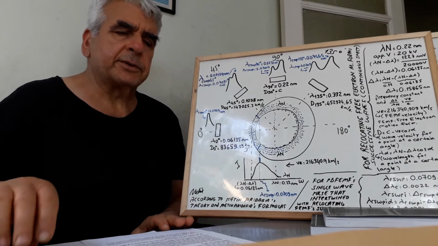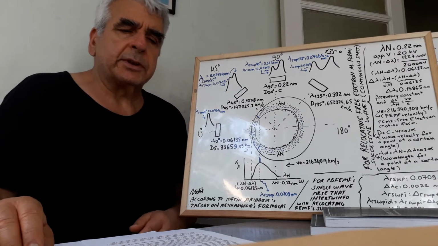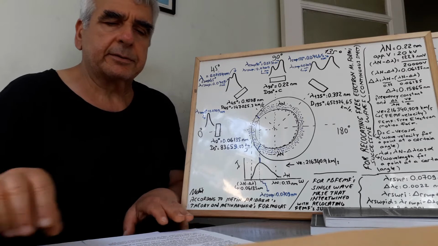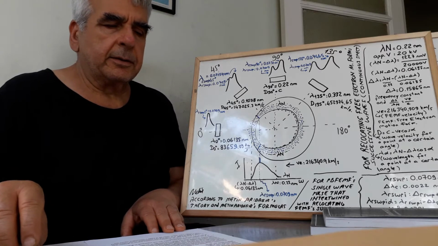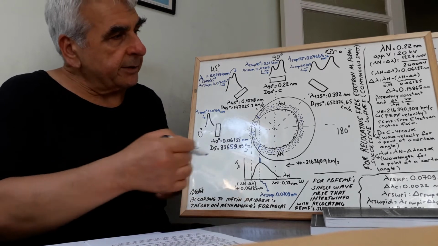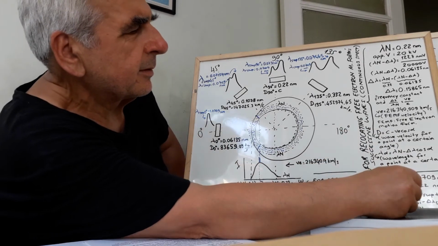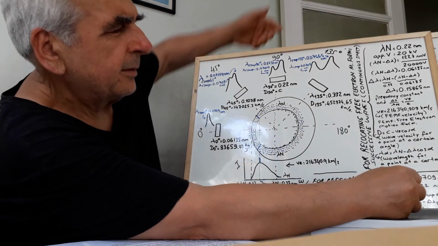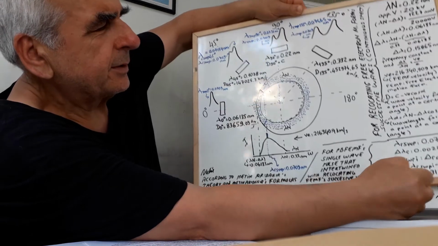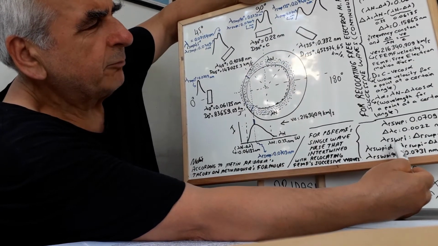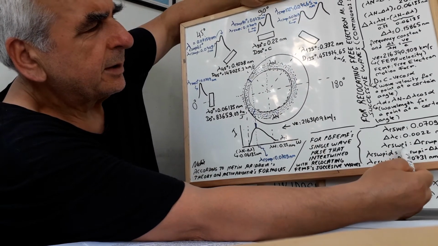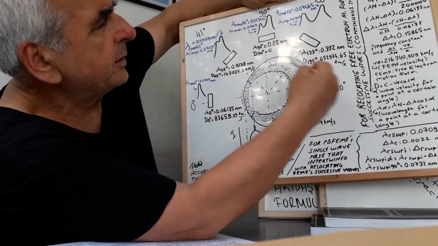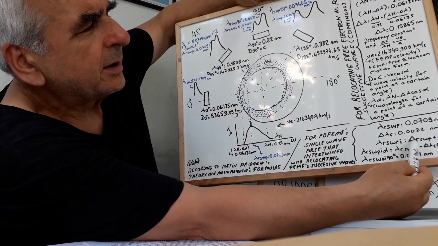Remember, we added the 0.0022 nanometer flexible constant to the single wave pulse here. This is the single wave pulse's wavelength as intertwined with successive waves.